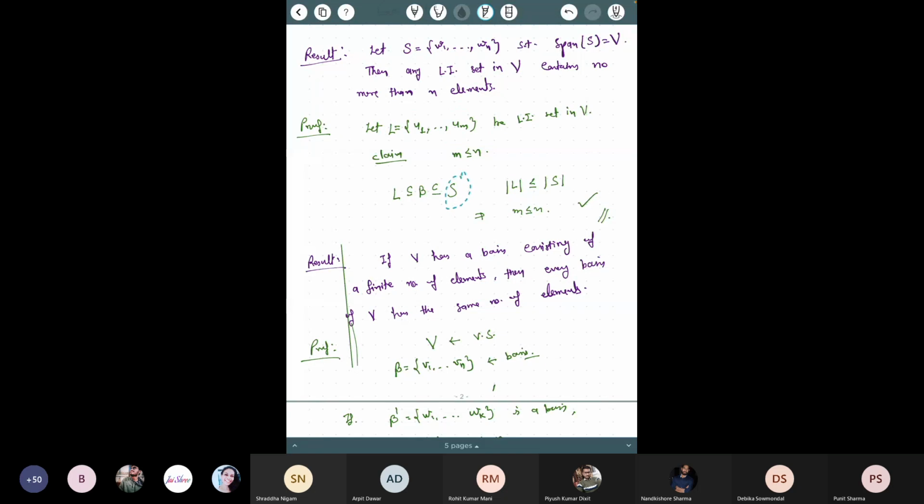But in that main result, we proved it with L contained in S, but here it is not given. So what you have to do here is this: ultimately this is true, but straightforwardly you cannot use this result, and you cannot say that this is true just because of that.